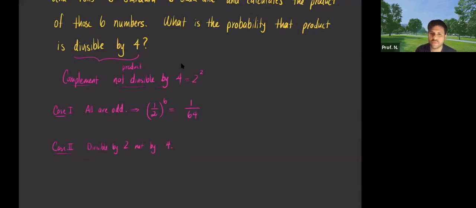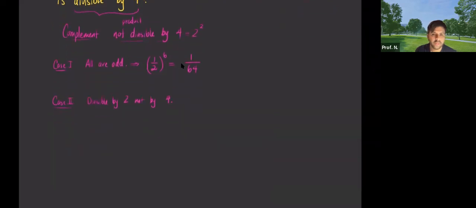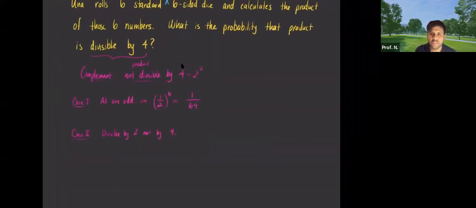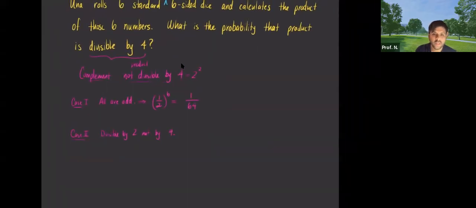That it's divisible by 2, but not by 4. Less than 4. So you know what? I'm going to leave this to you guys. I want to see who's able to solve this for Monday.